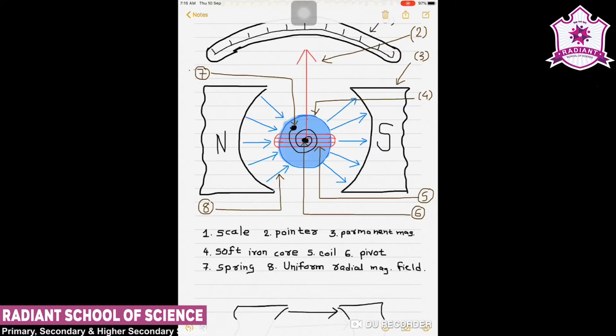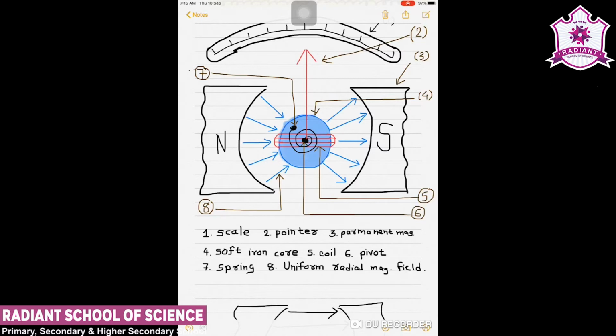For that we have a pointer that we have kept on this coil, and it is arranged in such a manner that theta always remains 90 degrees, so that sine 90 is always 1.